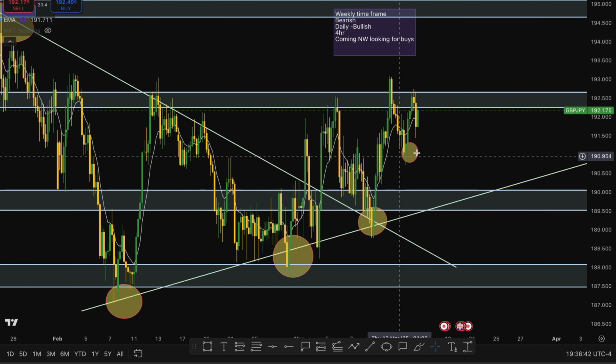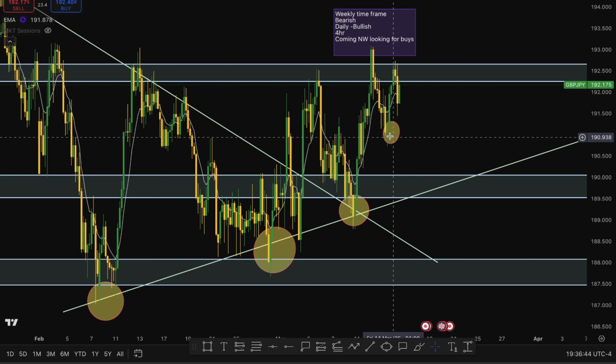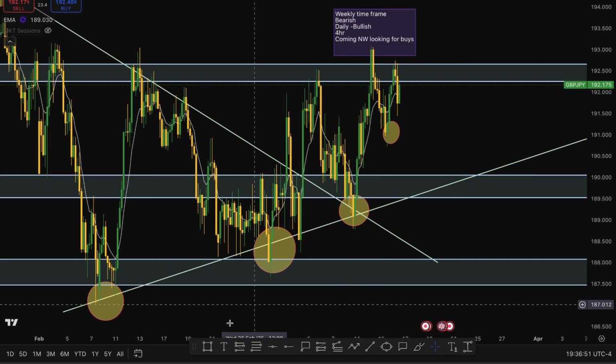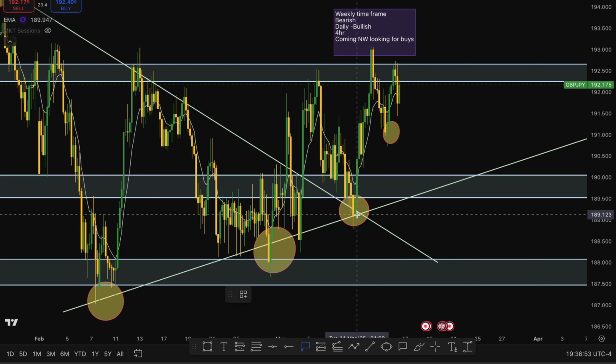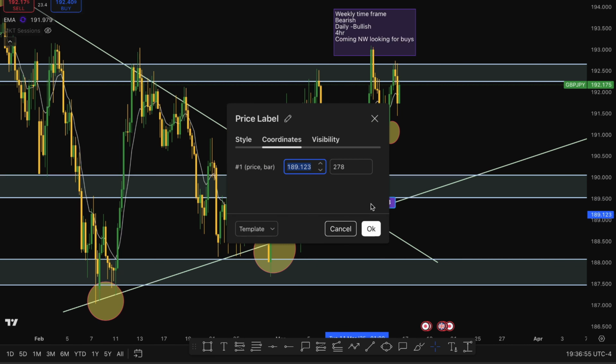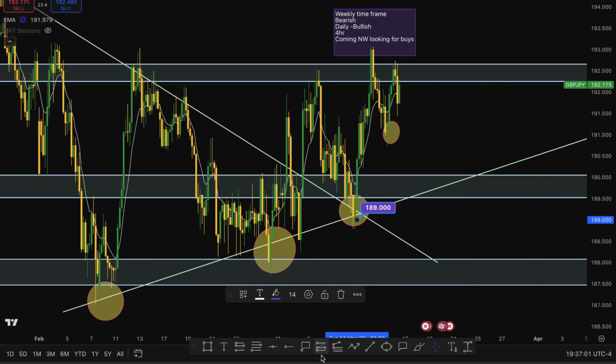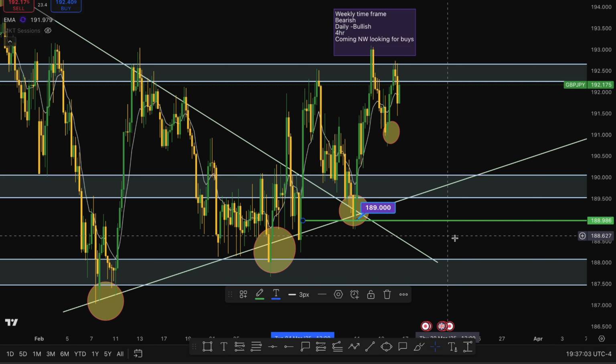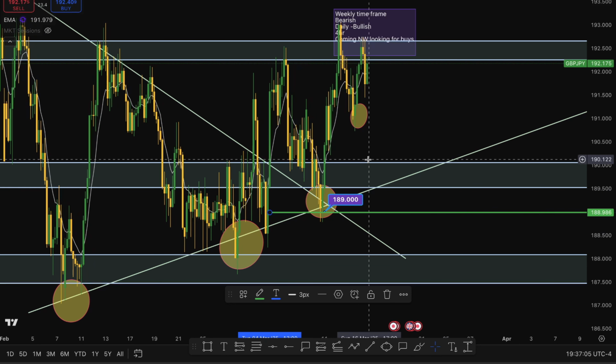So we're not paying too much attention to that area. If price breaks that area, we can still look for buys. It's not yet bearish until it breaks 189. So this here would be the previous low, which we're looking at around psychological level 189. Very, very strong area. So we have to pay attention to that area there.